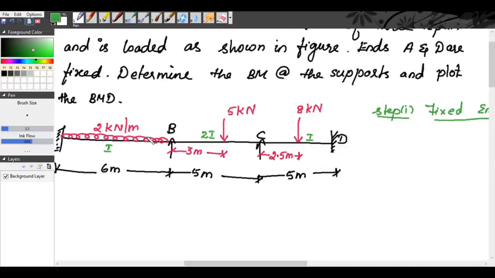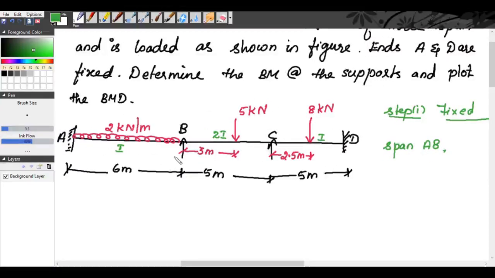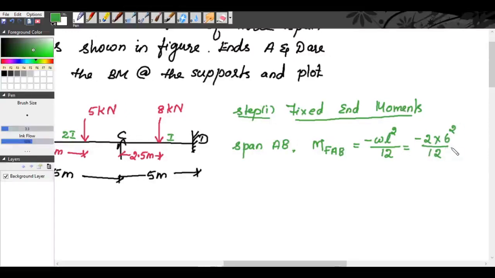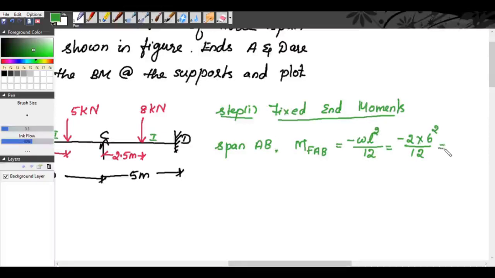First of all, we will consider the span AB. AB is 6 meter long and it has a UDL of 2 kilonewton per meter. So for the span AB, the fixed end moment MFAB is equal to minus WL square by 12, so minus 2 into 6 square by 12, equal to minus 6 kilonewton meter.